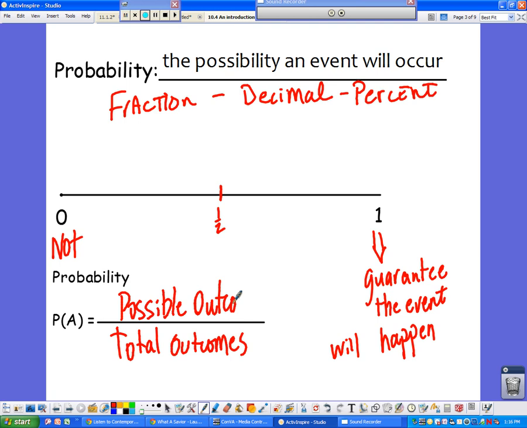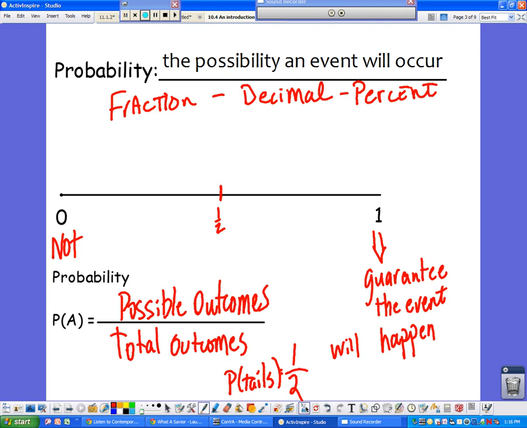So if I wanted the probability of getting tails, well, there's only one tail. But there are two possible outcomes, because the coin can land on either heads or tails.